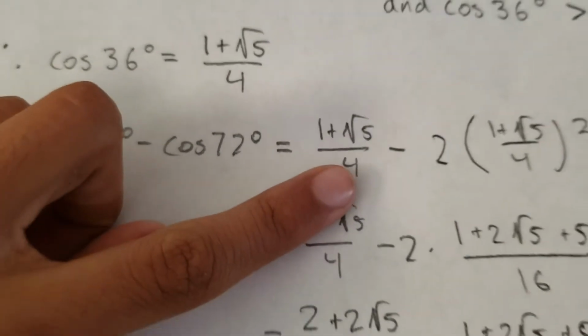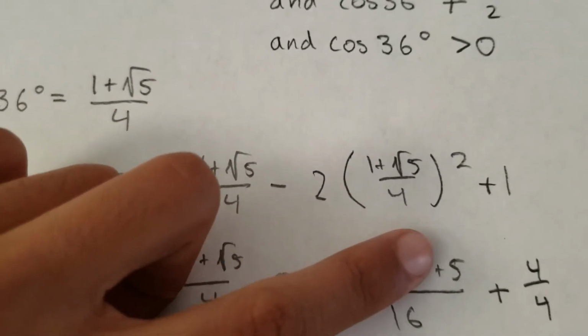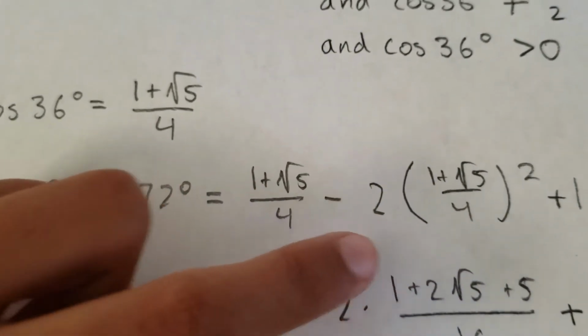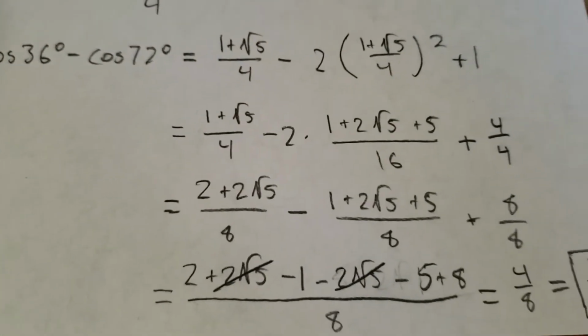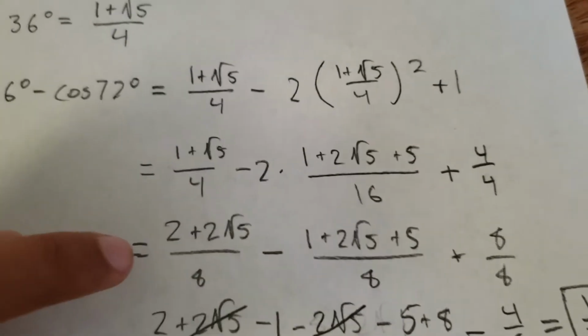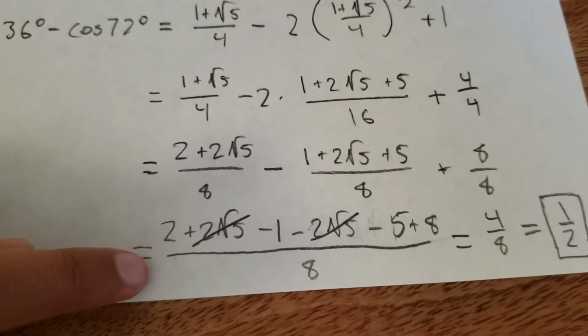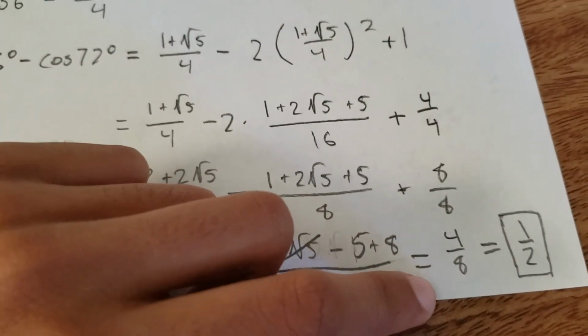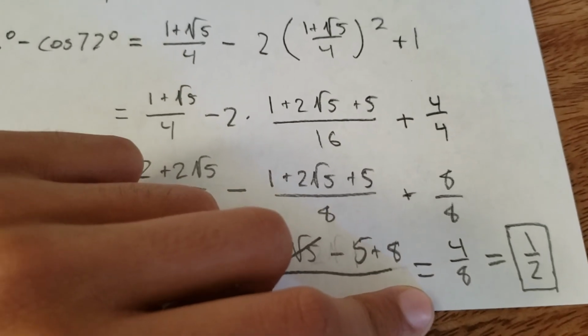So we subtract 2x squared minus 1. Simplifying this expression down, getting common denominators and canceling terms, finally we have our final solution. It's just 4/8, or 1/2.